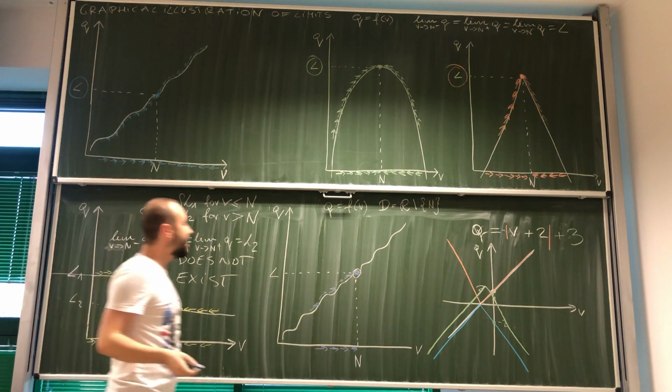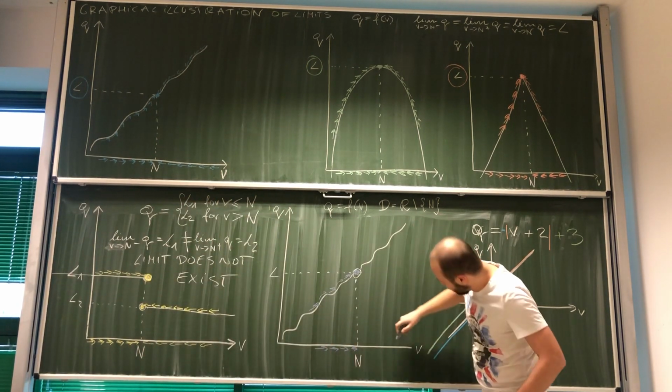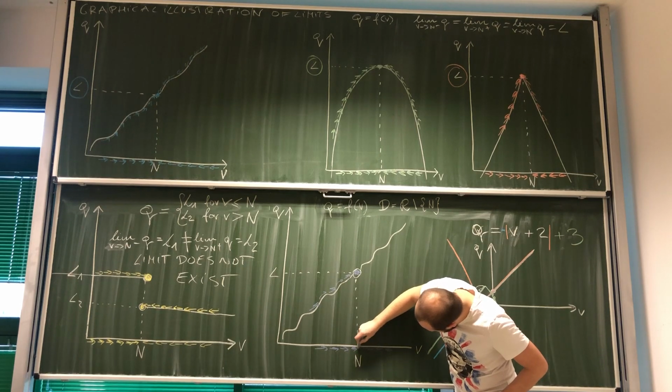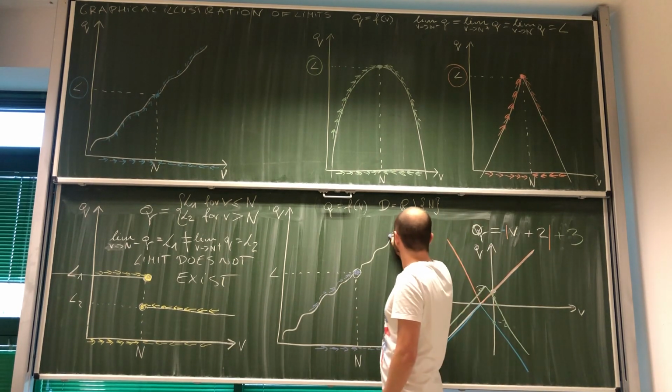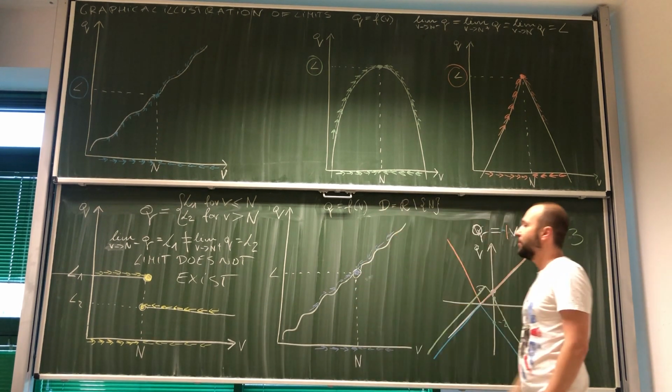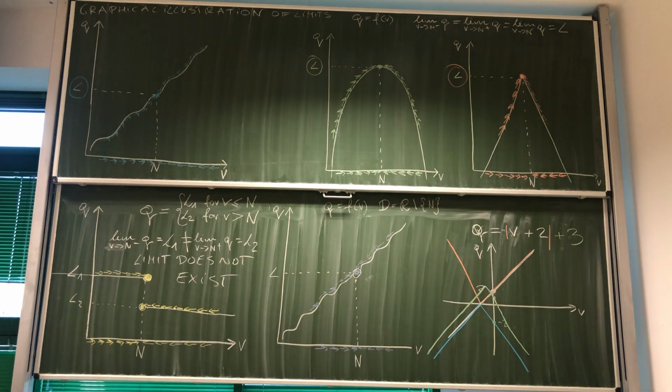Now, if I evaluate the limit from the right side, the values of the function again point us to this circle. So, does the limit exist over here? Actually does.